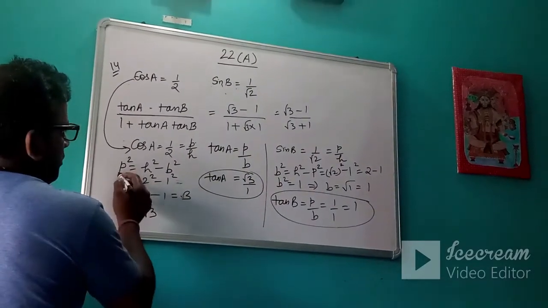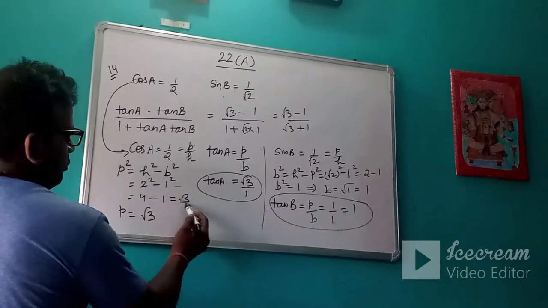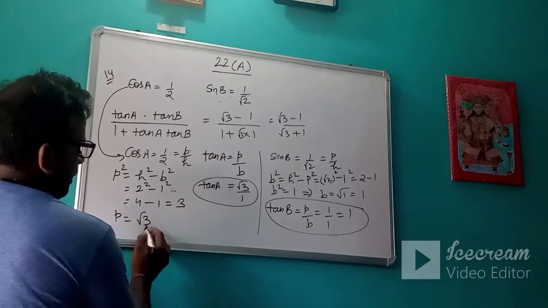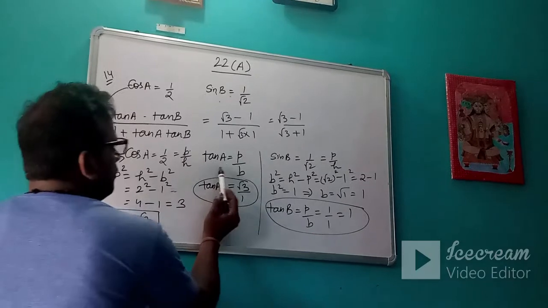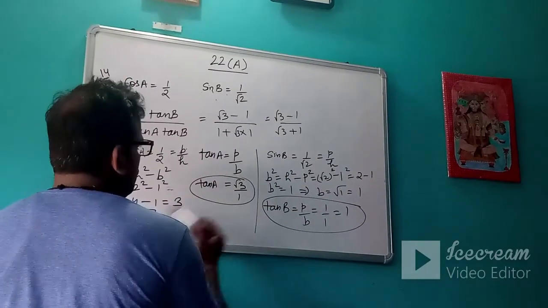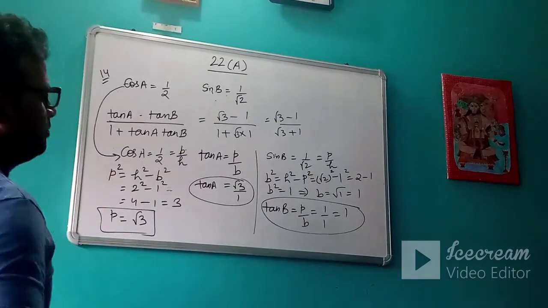In this we will calculate the value of the perpendicular, that is h square minus b square. So you will get this value as 3. So what is the value of P? Root 3. From there you can find the value of tan A, that is P upon B. P was root 3 and B was 1, so it is root 3 upon 1.